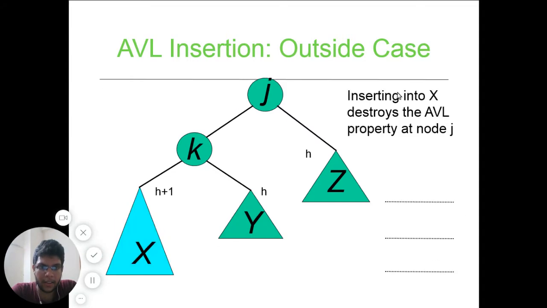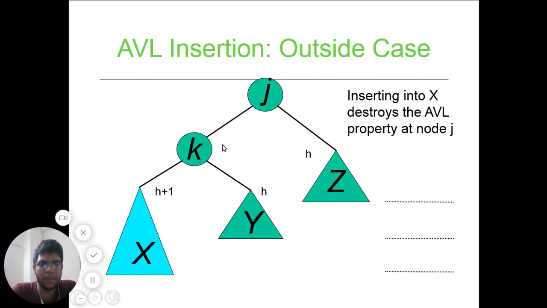Inserting into X destroys the AVL tree property at node J. Let's assume that a node came into the BST and got inserted through J, K into X, in such a way that the height of subtree X increased by 1. This causes the height of node K to become h plus 2 and the height of node J to become h plus 3.